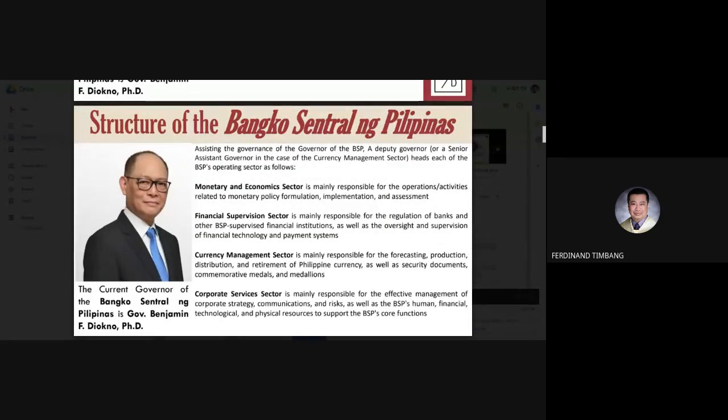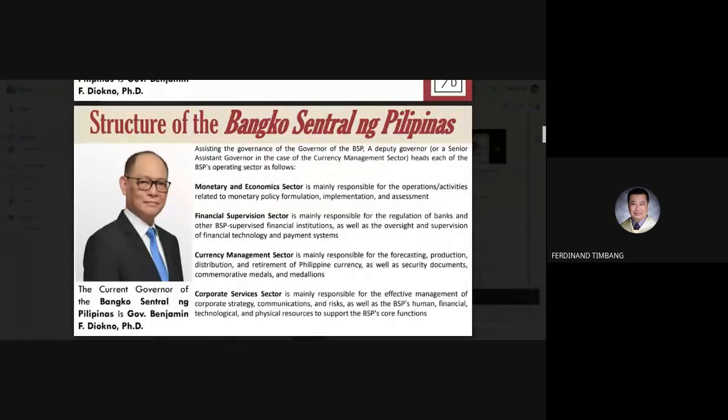Kaya meron tayong pera, pambili lang natin yan, no? So, yung retirement, if you will notice, if you go to the bank, halimbawa nag-deposit ka, may lumang pera. O kaya hindi naman talagang luma na, kundi lukot-lukot na siya, o yung tipong malulusaw na siya. Dapat nang i-retire yan. Kaya sineseparate nila yung medyo bago sa hindi bago at yung luma.